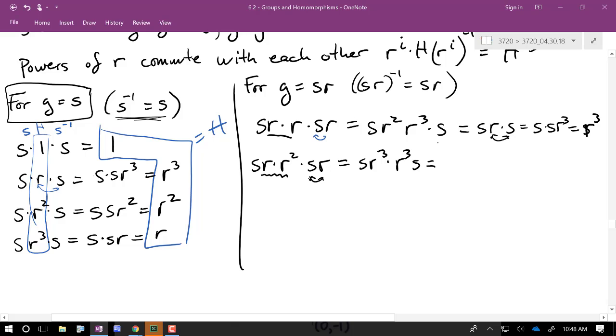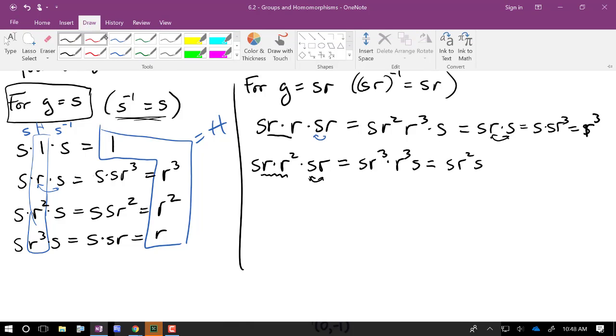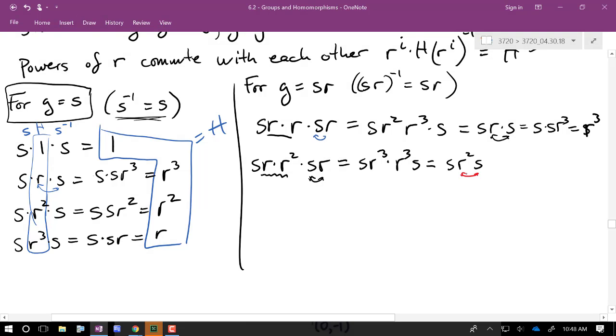R squared. So we have SR squared S, and then we can flip these guys around. And of course the R squared and S actually commute. So R squared is the only rotation that does commute with S. And so we just get R squared.